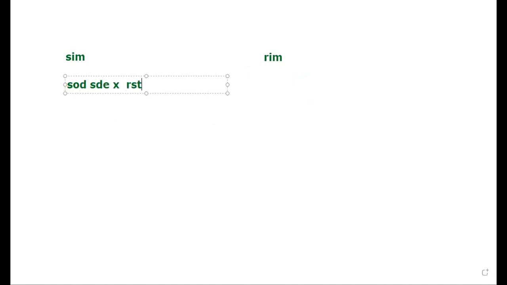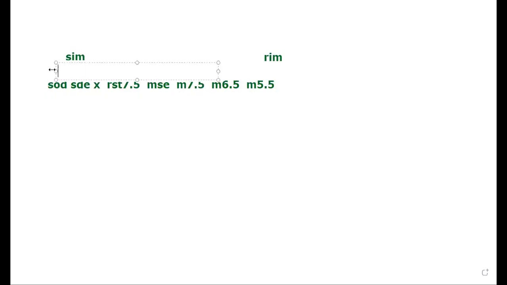Then the flip-flop, RST 7.5 flip-flop हे reset करण्यासाठी, mask set enable, then to mask 7.5, to mask 6.5, to mask 5.5. Okay, mask 5.5. So these are the 8 bits of the accumulator. Okay, so accumulator चा हा D7th bit झाला.